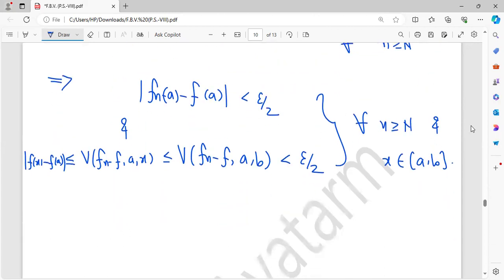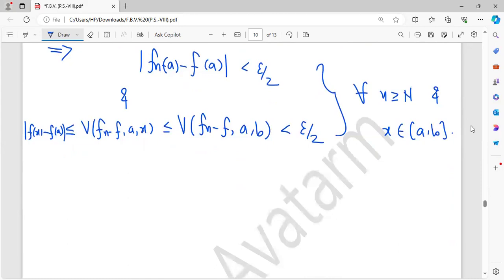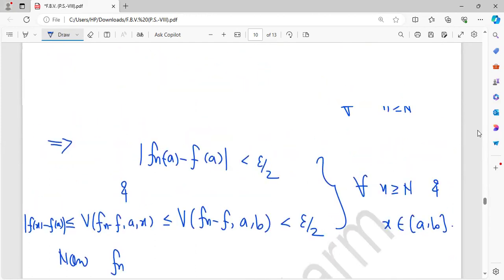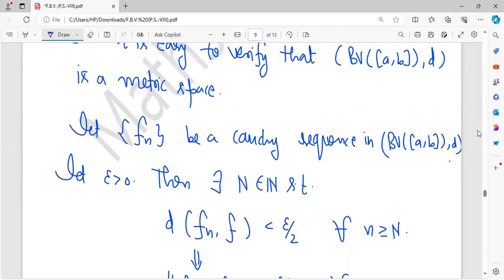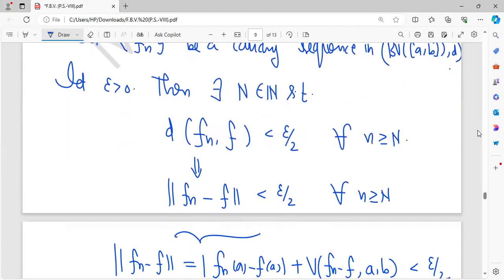Now what is the meaning of this? I made a mistake. Let me check it again. So this is a Cauchy sequence.